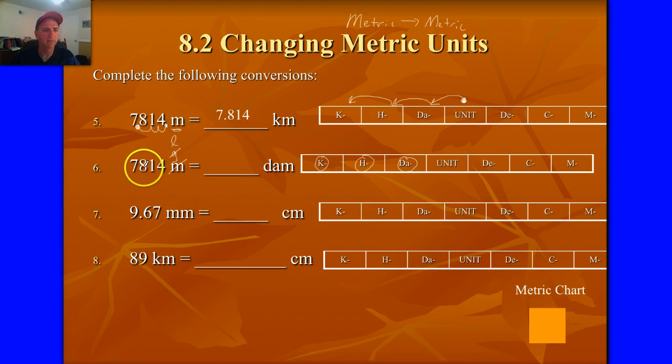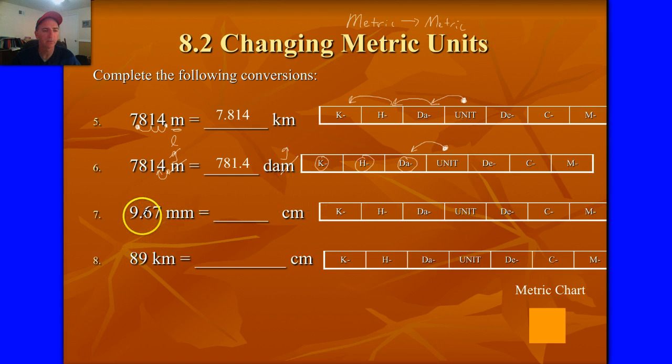So 7,814 meters, or let's pretend it's grams just for fun. You're going from grams to decagrams. The decimal point is right here, so we start at the unit and go to deca, which is this way. It's just 1, so we move the decimal 1 place and we would have 781.4 decagrams, or decameters, or decaliters, whatever it is.